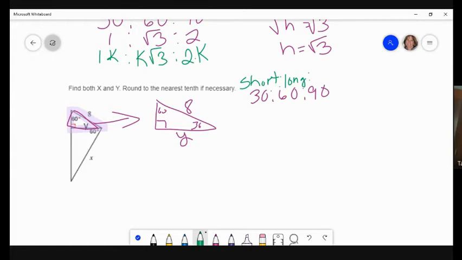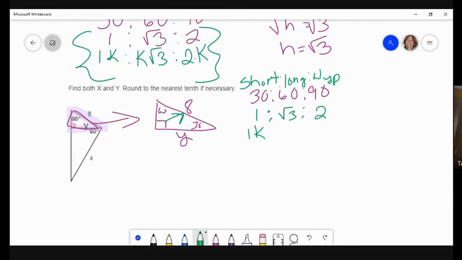And 90 is always going to be my hypotenuse. In this case, they're giving us our hypotenuse. I'm just going to rewrite our ratios from up here: 1k, k square root 3, and 2k. So again, they're all lined up.